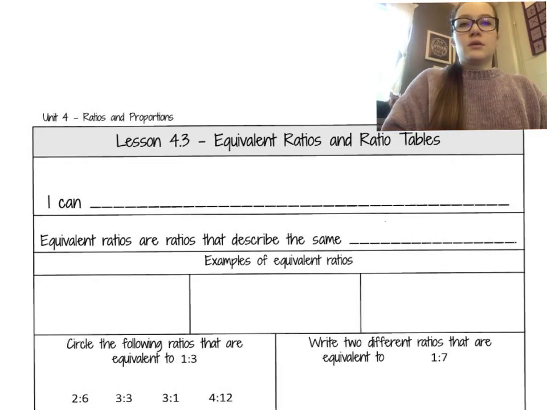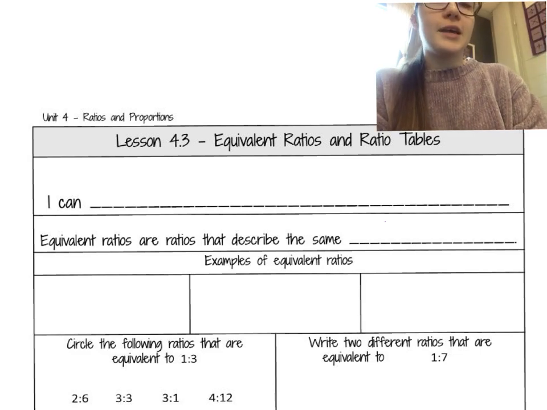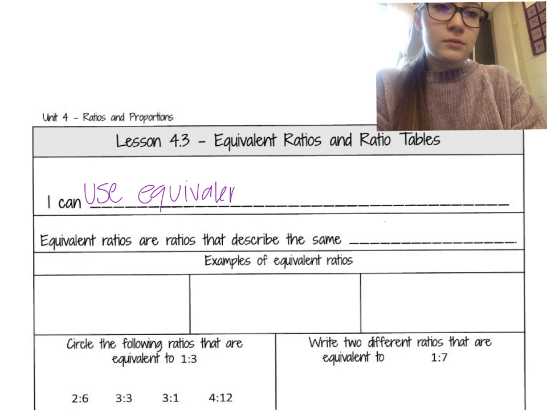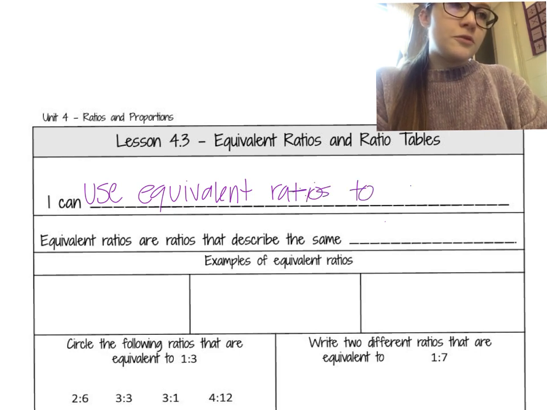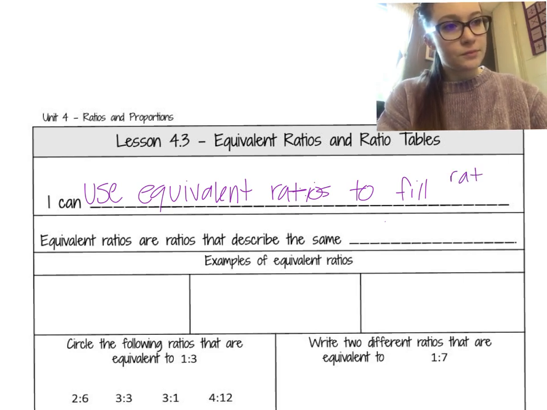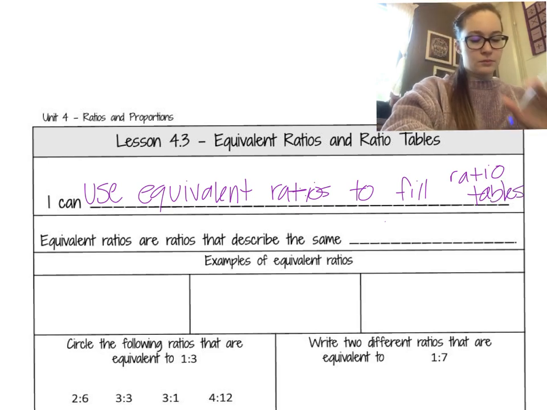Okay, let me choose a pen. So I can use equivalent ratios to fill ratio tables. Okay?